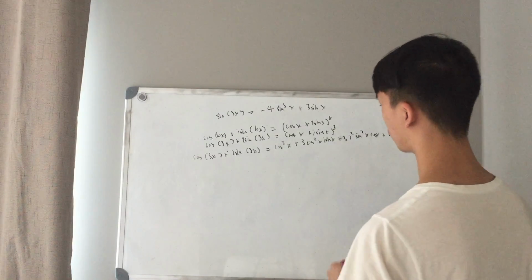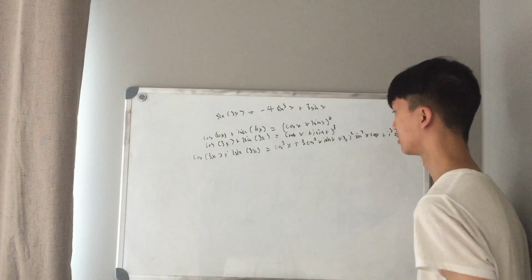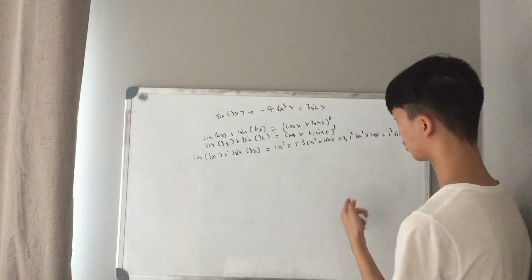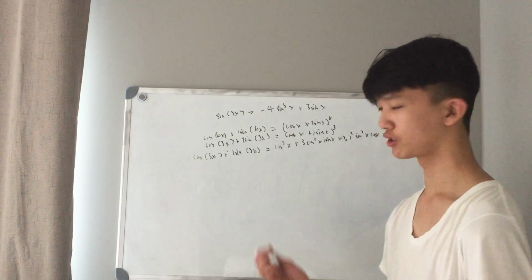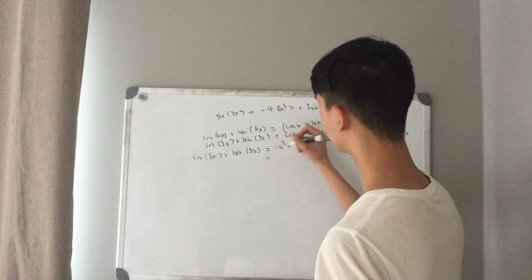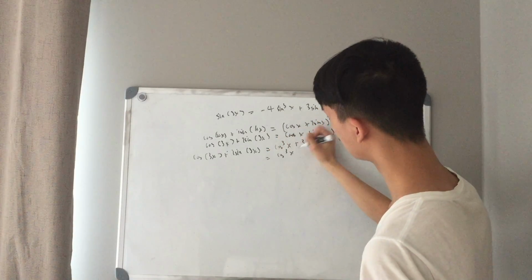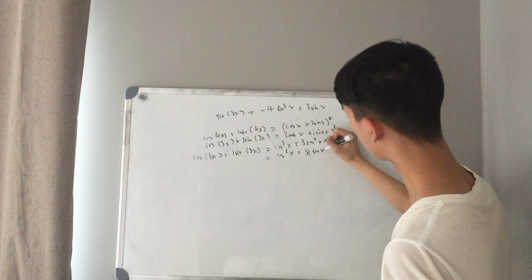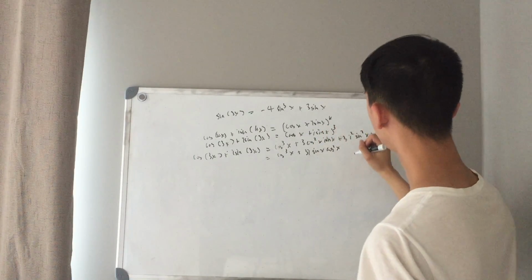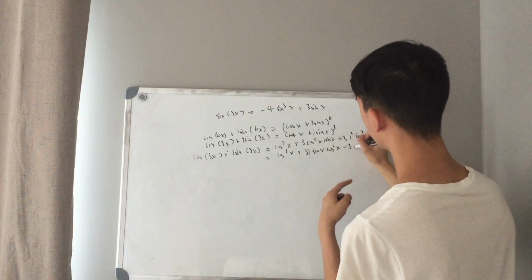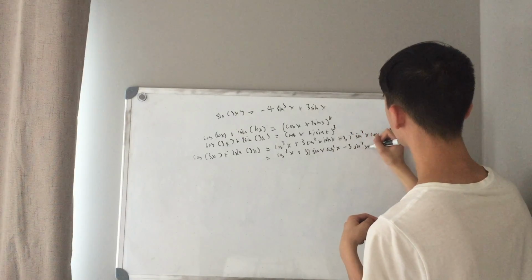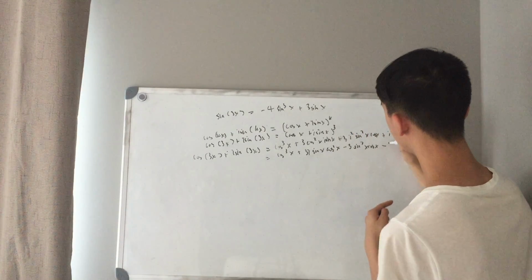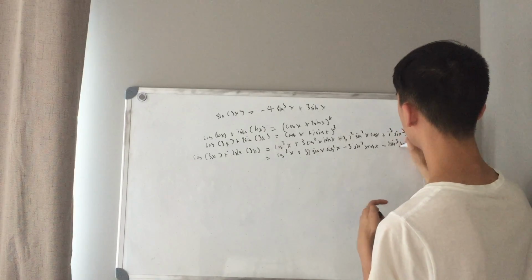Now this term looks really complicated, but remember that i squared is equal to negative 1. So we can simplify this to get cosine 3x plus 3i sine x cosine squared x, minus 3 sine squared x cosine x, minus i sine cubed x.